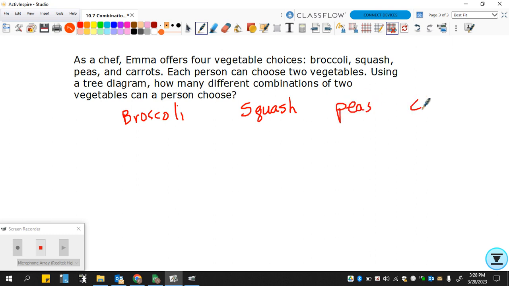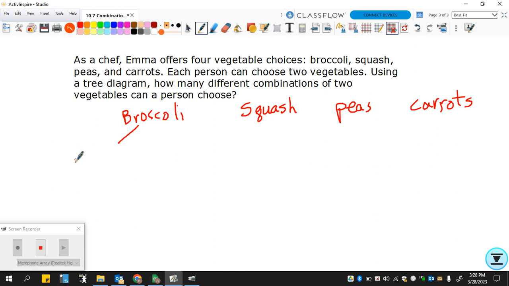All right. Each person can choose 2 vegetables, and using a tree diagram, how many different combinations of 2 vegetables can a person choose? Well, you can do broccoli and squash.